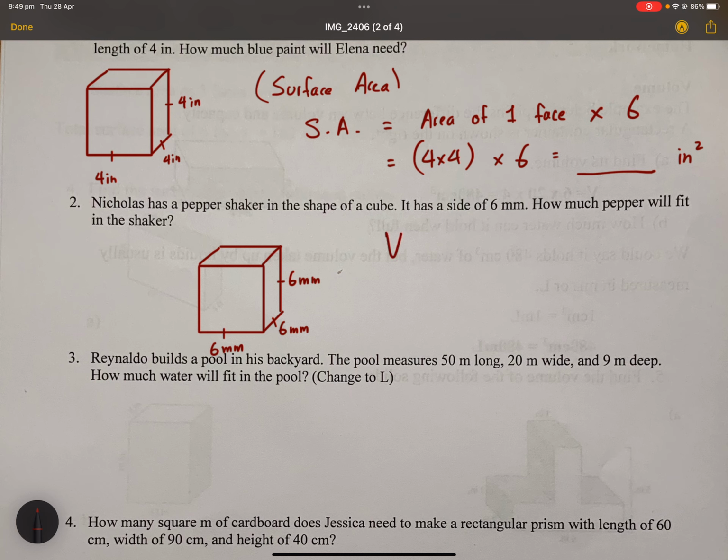So volume, I'm going to abbreviate that to V from now on. So V, volume, is equal to length times width times height. Now length and width and height are all the same. So it'll be 6 times 6 times 6. Work out the answer and it'll be in millimeters cubed.